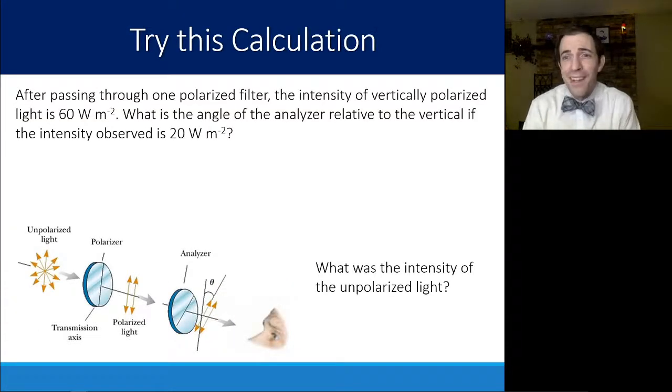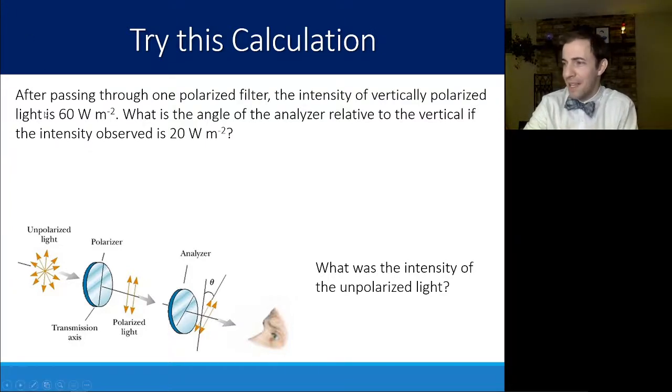Now let's look at one calculation before we get into some applications here. After passing through one polarized filter, the intensity of a vertically polarized light is 60 watts per square meter. That is a unit of intensity that we'll get to later on in this year. What is the angle of the analyzer relative to the vertical if the intensity observed is 20 watts per square meter?